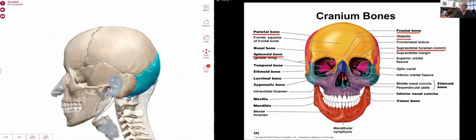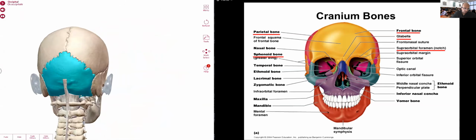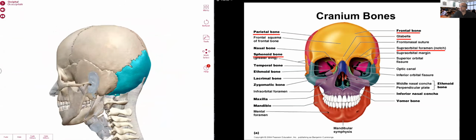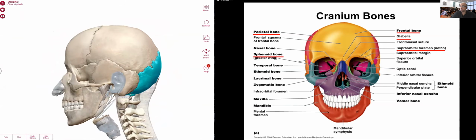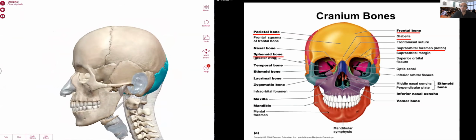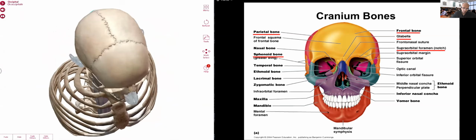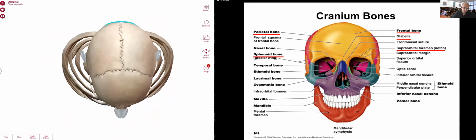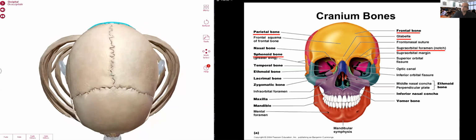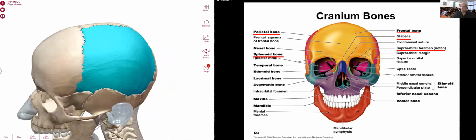Forming the posterior aspect of the head, if you see on here, this is my occipital bone. So we've got the frontal bone, the occipital bone, and on both sides, connecting the frontal to the occipital bones, we've got the two parietal bones.